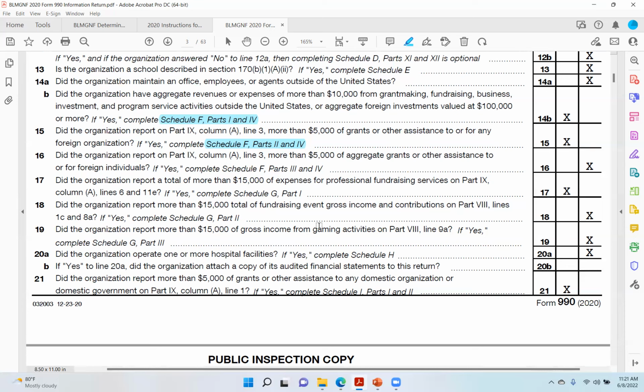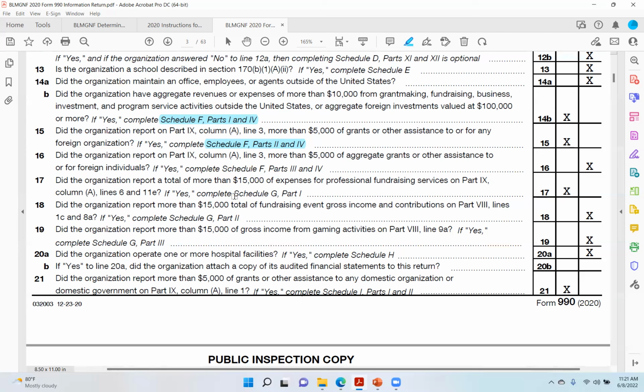And they said no. 17, did the organization report a total of more than $15,000 of expenses for professional fundraising services on Part 9, column A, lines 6 and 11E?